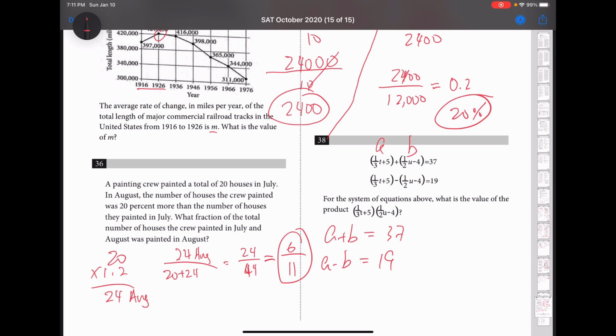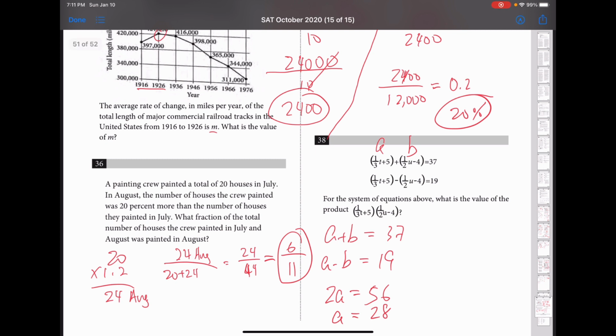Let me try to add them together first. If I add the top to the bottom, I get 2A is equal to 37 plus 19, which gives me 56. And divide both sides by 2, I'm going to get A is equal to 28. Next, I could also solve for B. So I'll plug into the first equation.